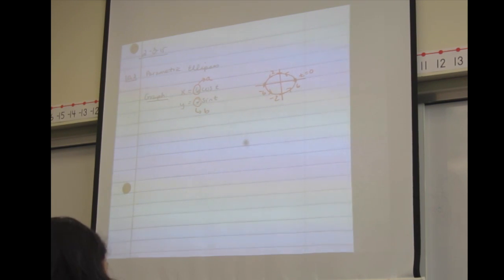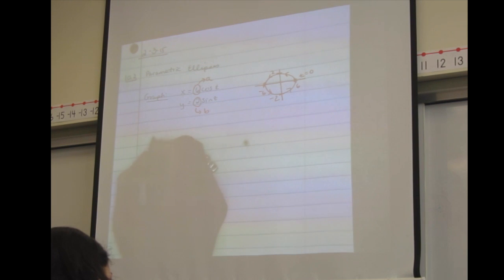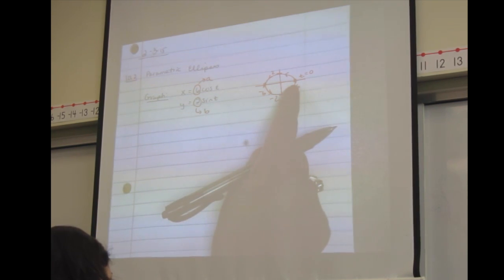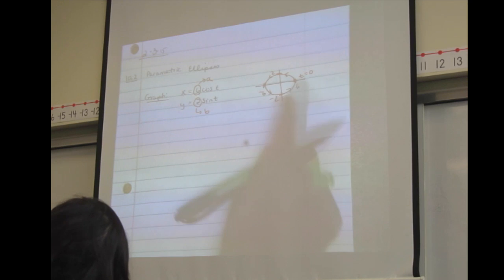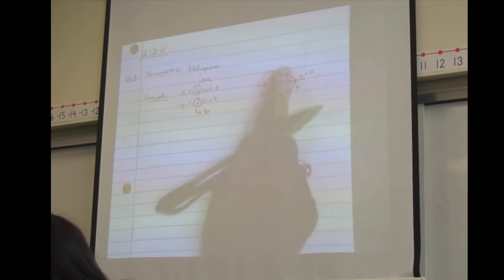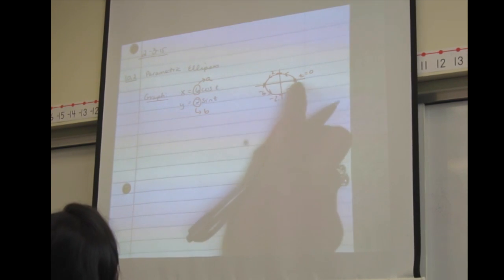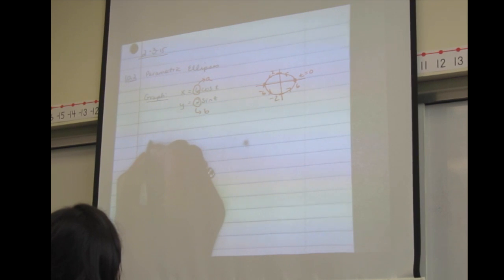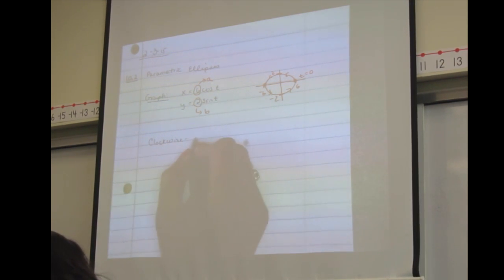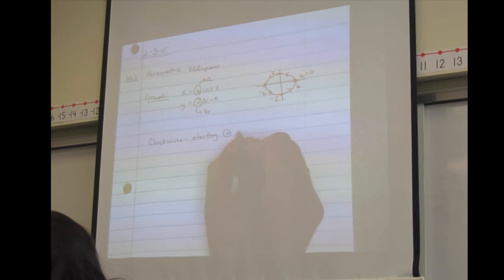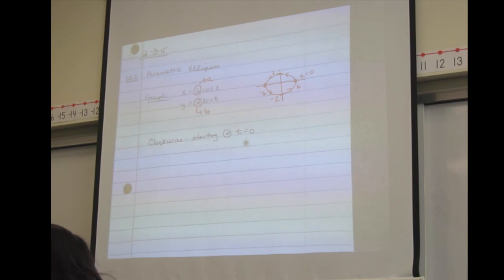So then here's a question. I want the same graph, the same path, but now I want it clockwise, starting at t equal to 0.